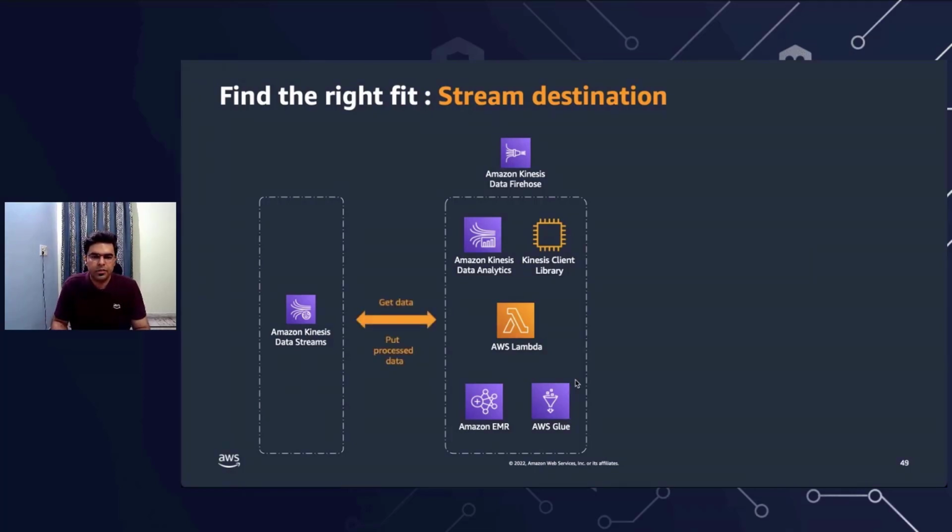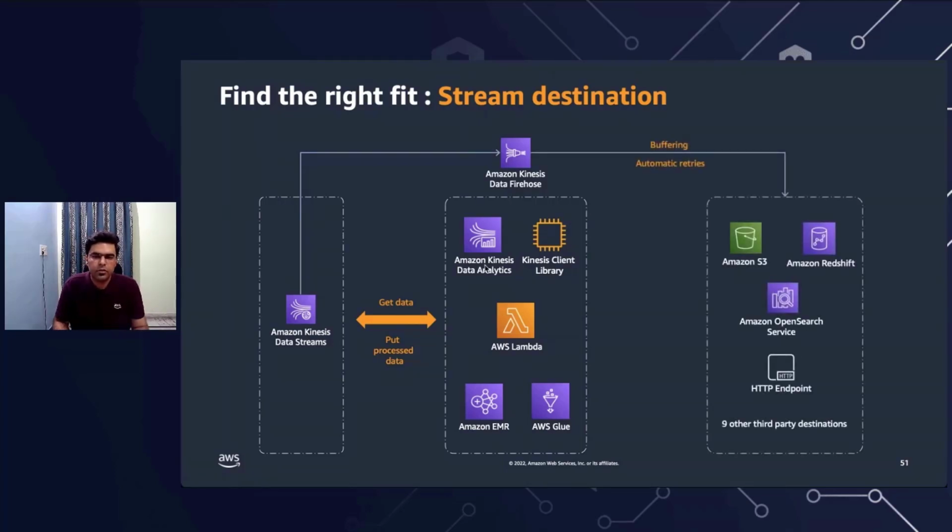And how that works is, as a design practice, you use these services to get data from your streaming source. You do the processing, and then you put the processed data back to another stream or another Kafka topic of your choice. And from that destination topic, you then have Kinesis Firehose as the consumer for that processed data stream.